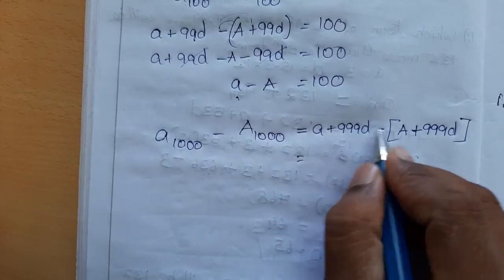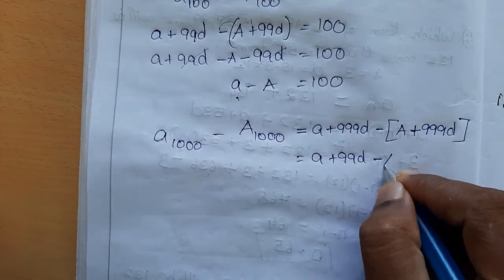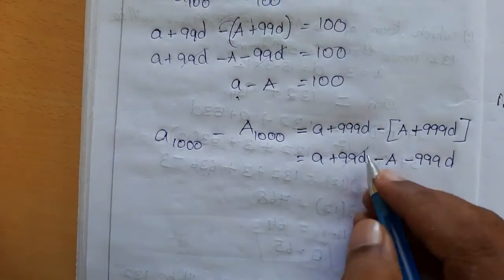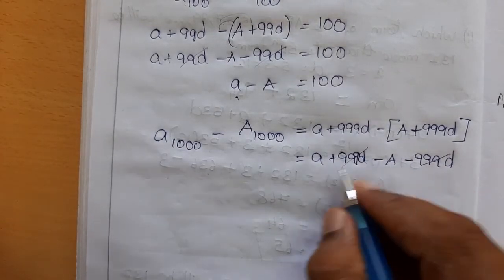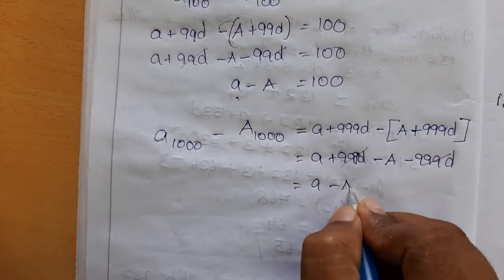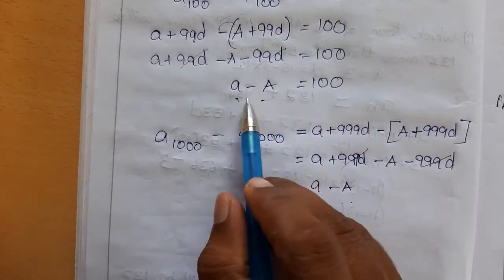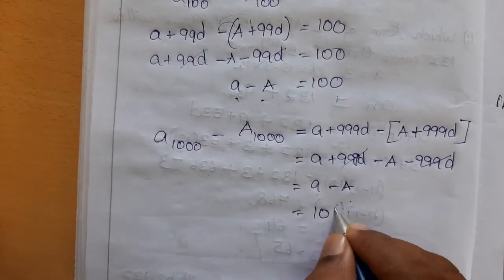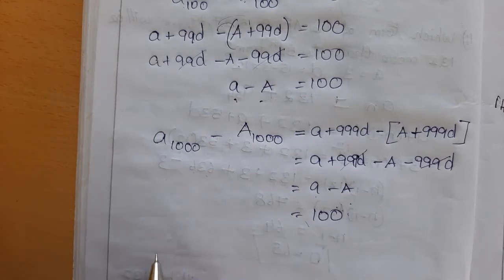So this is equal to, multiplying inside, a plus 999d minus capital A minus 999d. So plus 999d and minus 999d become 0. So what remains is a minus capital A, the difference of a and capital A. We already found the difference of a and capital A is 100. Just substitute here, it will become 100. So the difference of the 1000th terms is also 100.